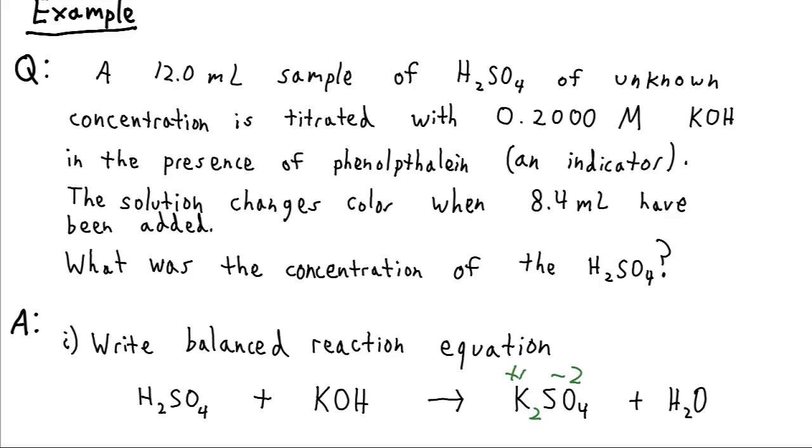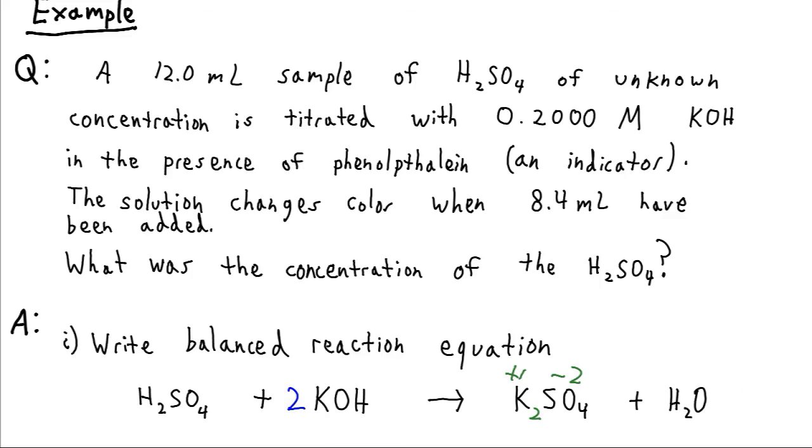So if we have 2 potassiums on the right, we're going to need 2 potassiums on the left. Now I'm just going to leave the sulfate oxygens to themselves and balance sulfates. But we have these two oxygens here, other than the oxygens in the sulfates, so we're going to need two oxygens there.